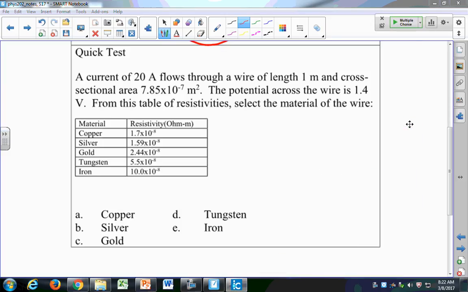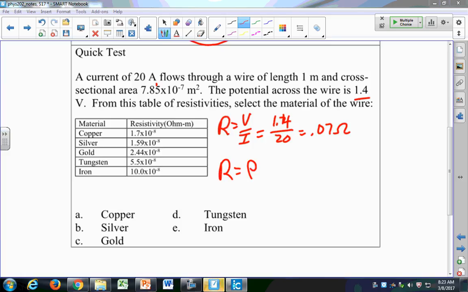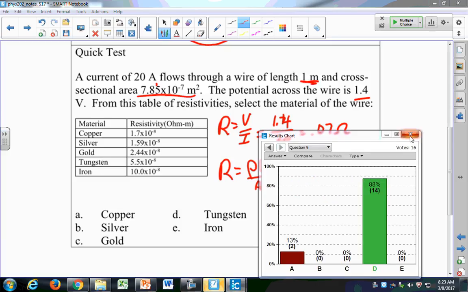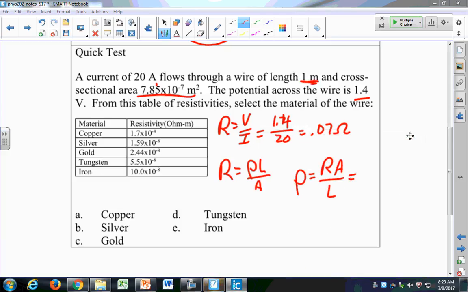Let's see. So what you do here is you say R is equal to V over I. V is 1.4 over 20. So that's 0.07 ohms. Then you say R is equal to rho L over A, and solve that for rho, and you get rho is equal to RA over L. You have the values for area and length, 1 meter, and you solve for the resistivity, and you find the resistivity is equal to 5.5 times 10 to the minus 8.